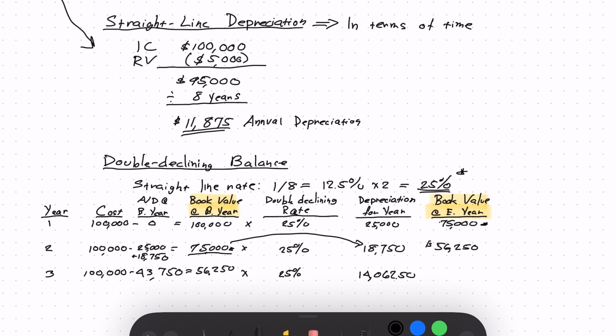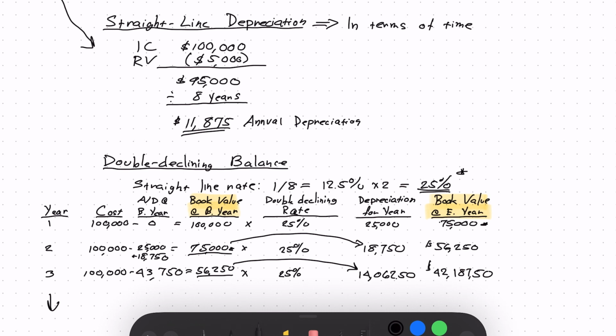We're going to subtract that depreciation for year 3 from our book value, and we will get an ending book value of $42,187.50. Now we would continue this process on down till we got to the point that our book value equaled $5,000.